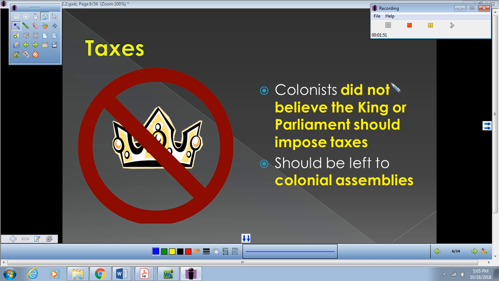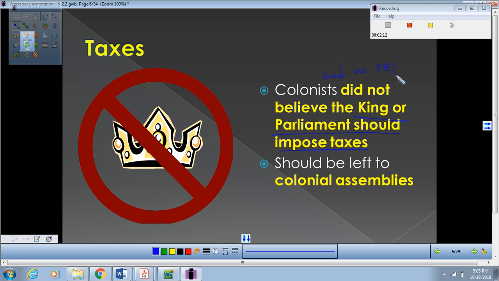Like was said before, the colonists did not believe the king or Parliament should impose taxes. And the main reason that they thought this way was because the colonists had no representation in Parliament.